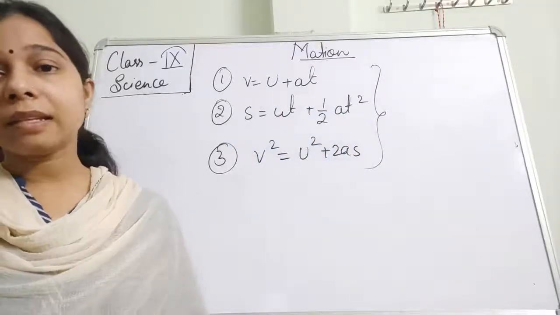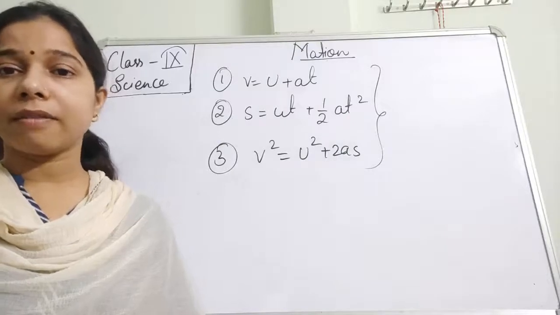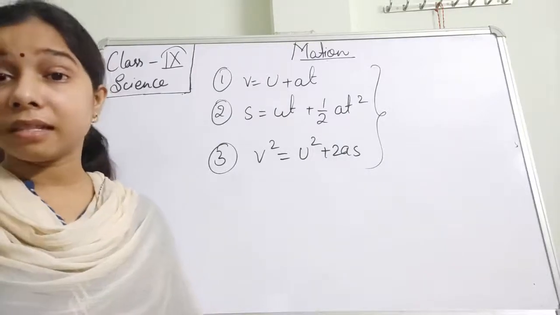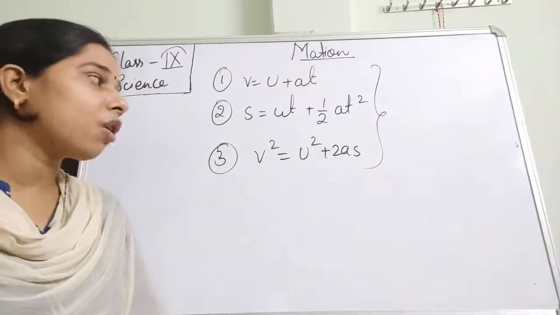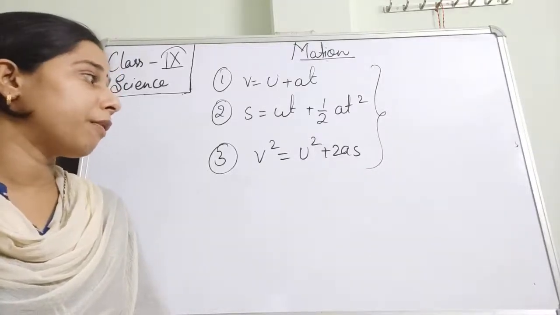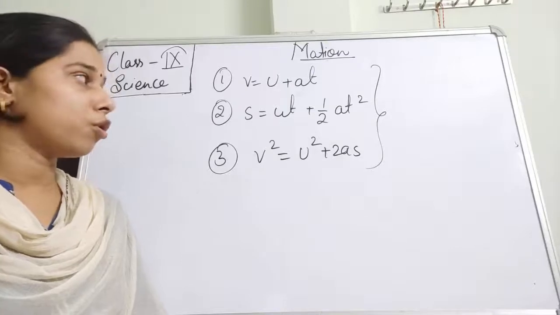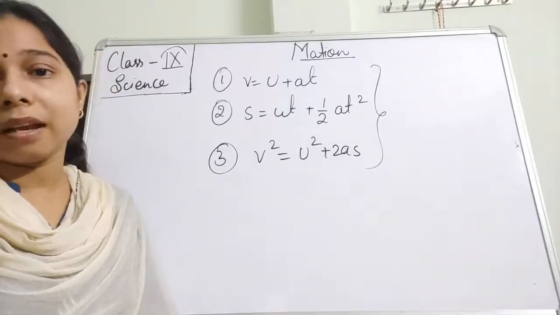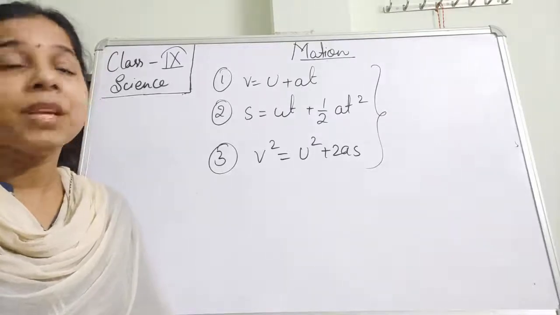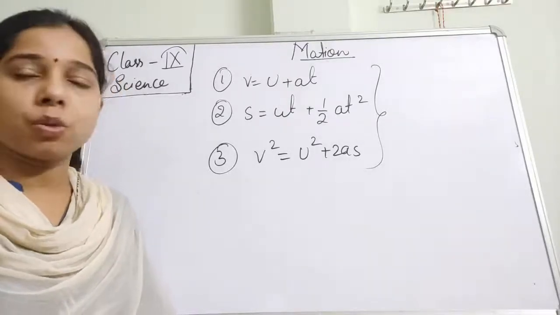If V is given, U is given, A is given, and we have to find the distance, because time is not given, obviously we will prefer the third equation of motion. If A is given, V is given, U is given, and we have to find the time, we will use the first one.